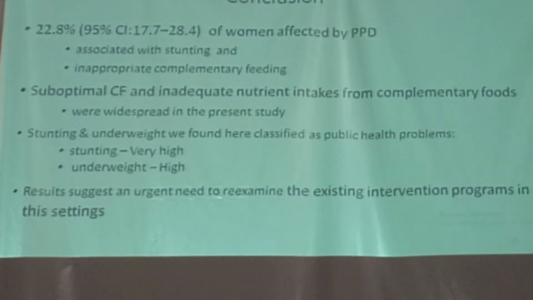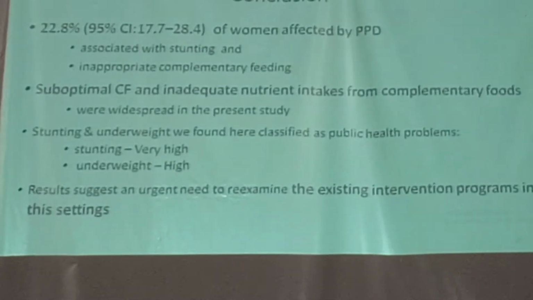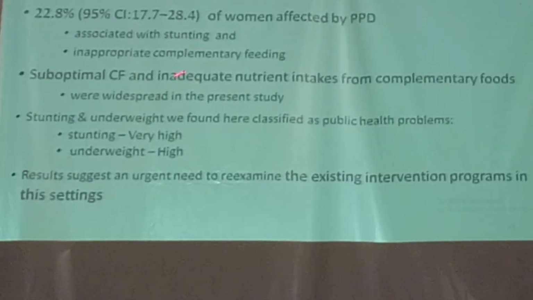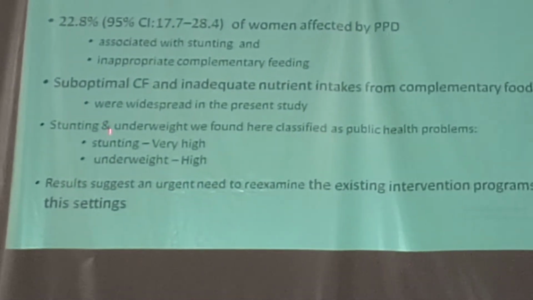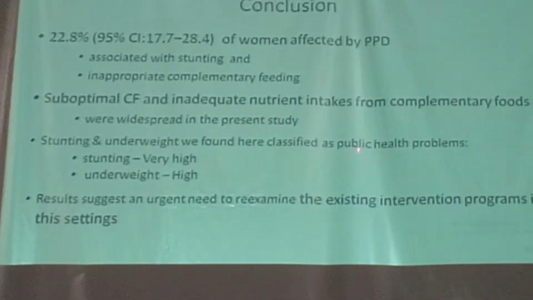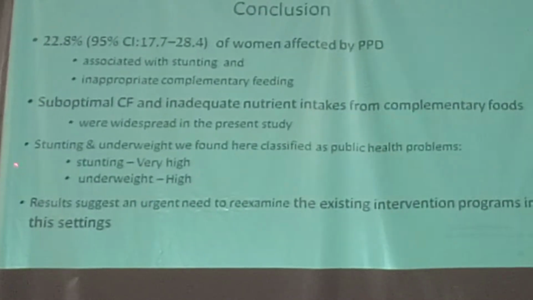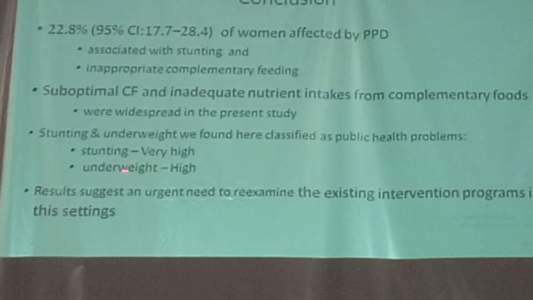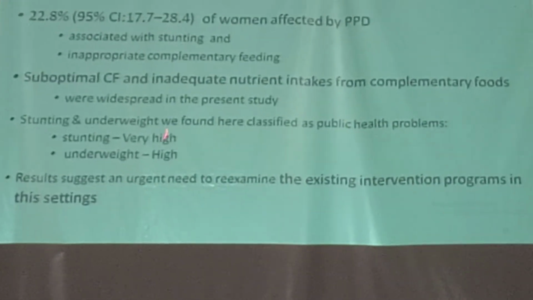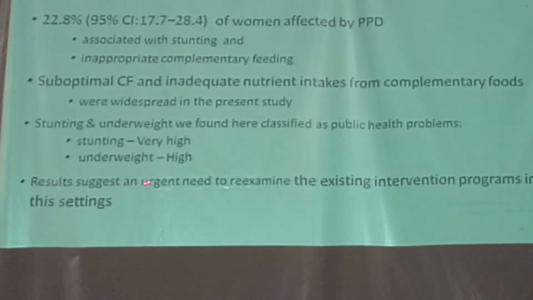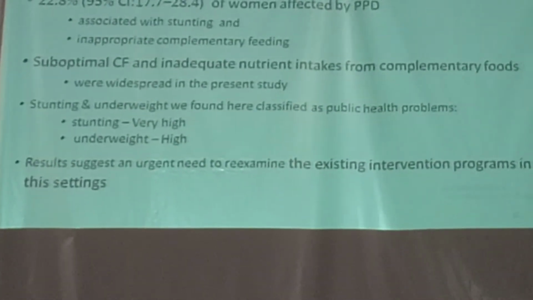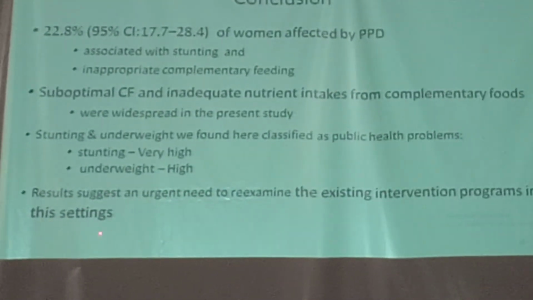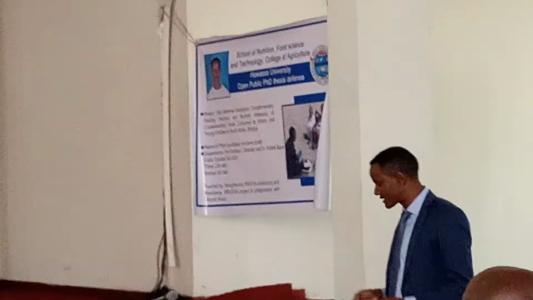Suboptimal complementary feeding practices and nutrient inadequacy from complementary foods were widespread in the present studies. Stunting and underweight were classified as public health problems, with stunting very high and underweight high. This result suggests an urgent need to re-examine the existing intervention programs implemented in the study areas and similar settings in other areas at large.